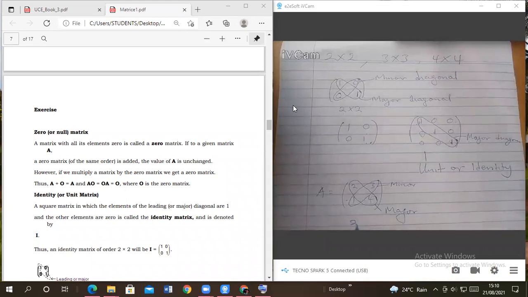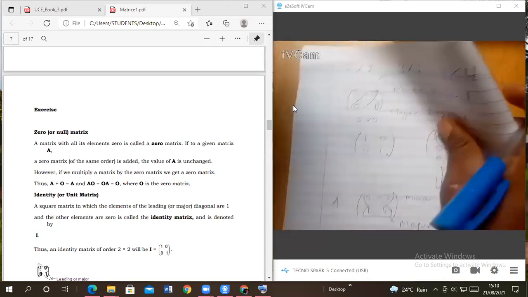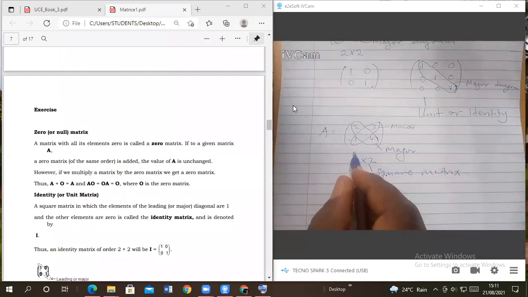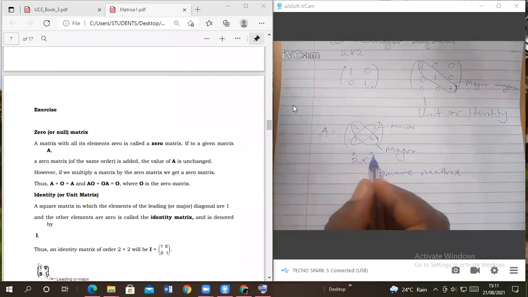This matrix here, A, is a 2 by 2, which means it qualifies to be a square matrix. Yes, it is a square matrix because the number of rows is equal to the number of columns.